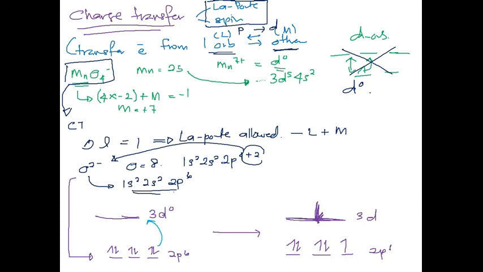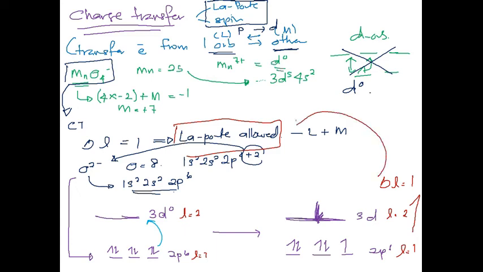So, going back, as I mentioned before, it is Laporte allowed. You look at the L value here: the L value for P is equal to 1, and the L value for D equals 2. So when you find the delta L, it is actually 1. So it is a Laporte allowed transition. What about the spin?